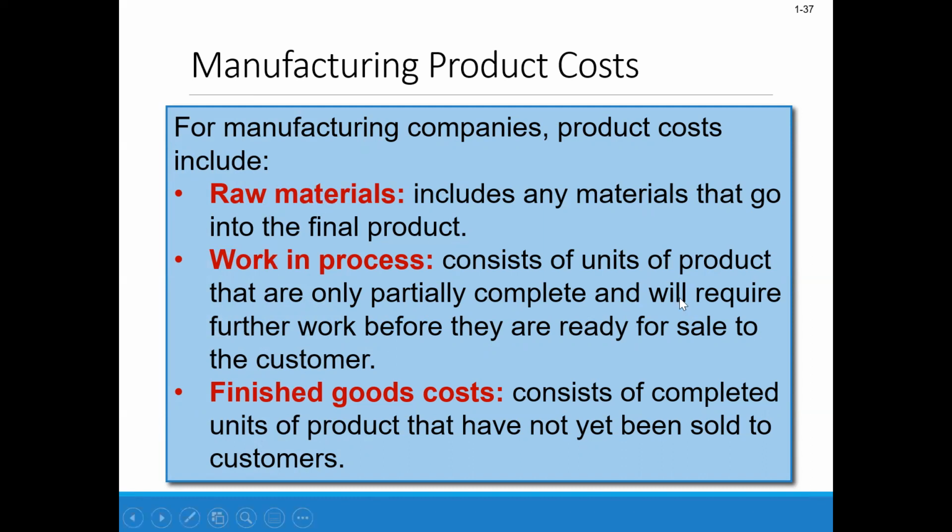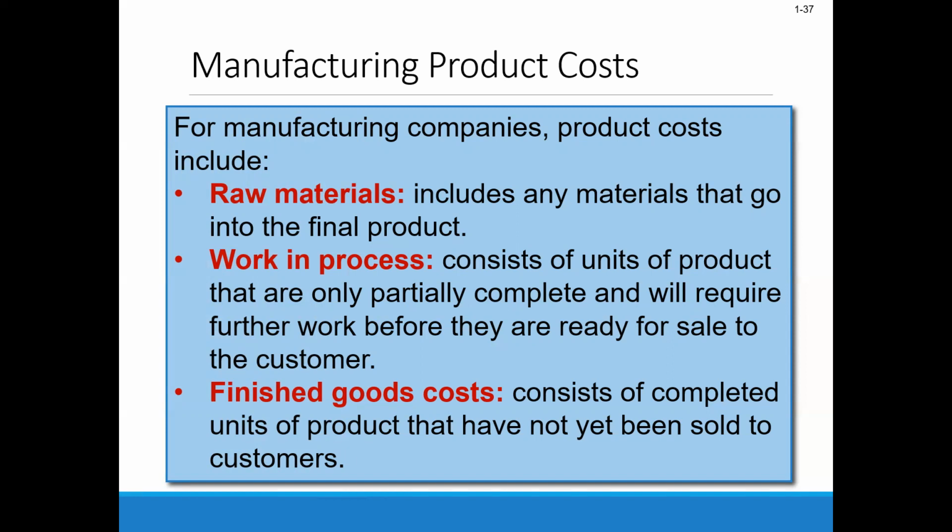Work in process consists of the units of product that are only partially complete and will require further work before they're ready for sale to the customer. Work in process are the automobiles on the assembly line. Finished goods consist of completed units of product that have not been sold to customers.